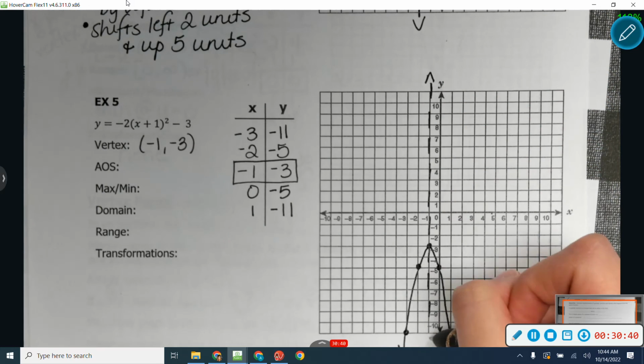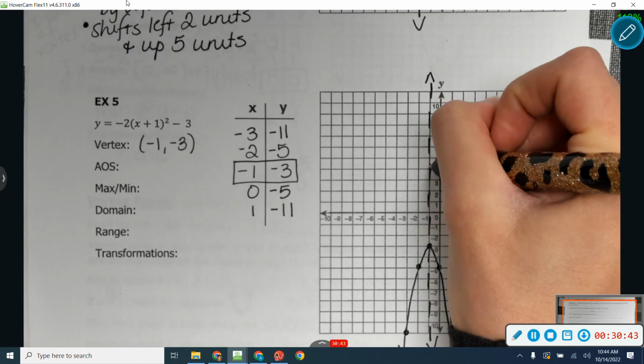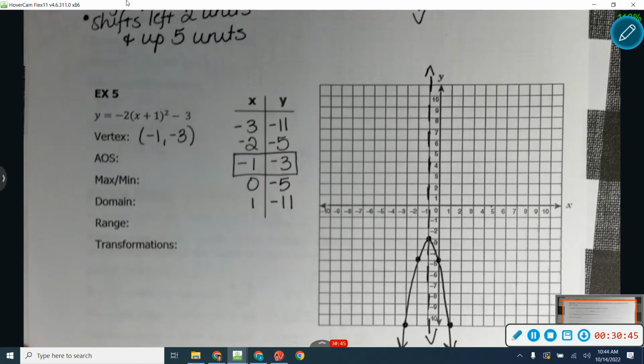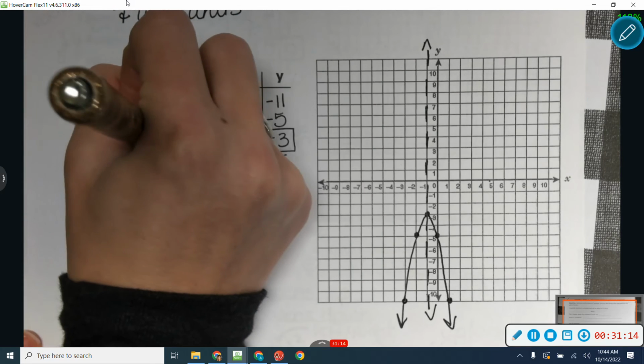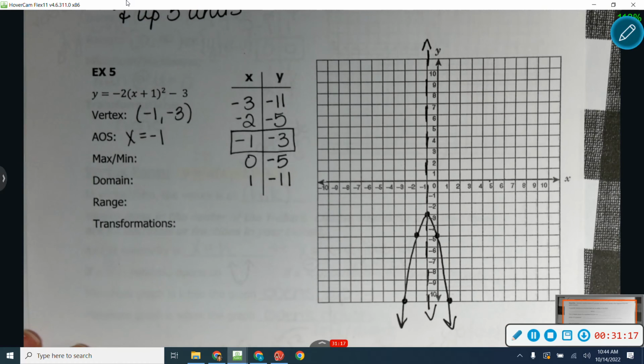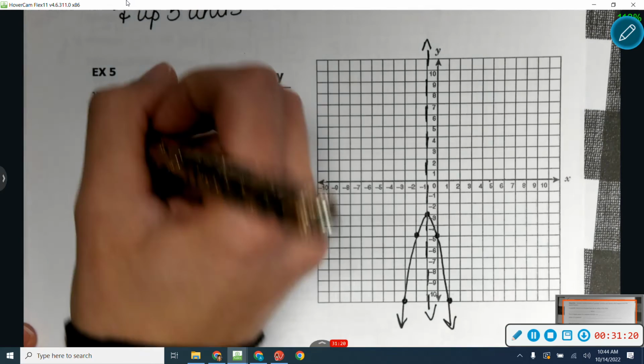Once you plot those points and draw your parabola, draw your axis of symmetry. What's my equation for the axis of symmetry? X equals -1. Do I have a max or a min? At?